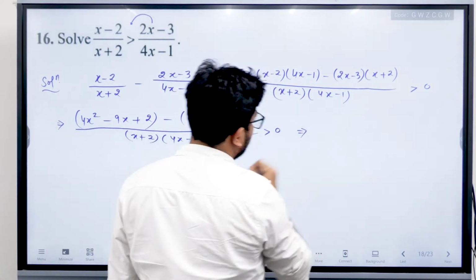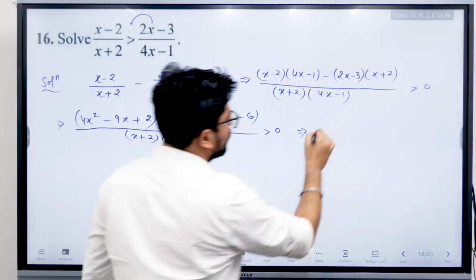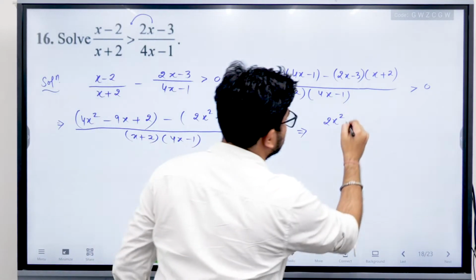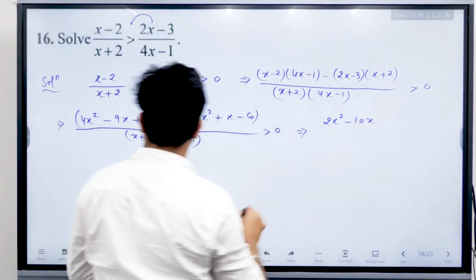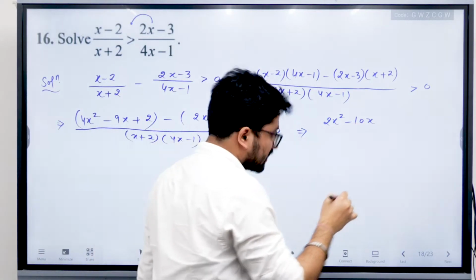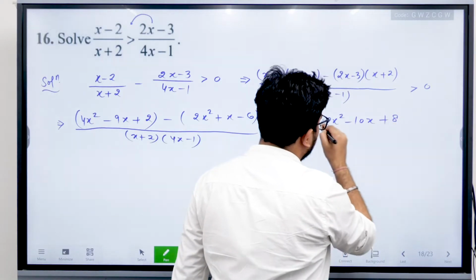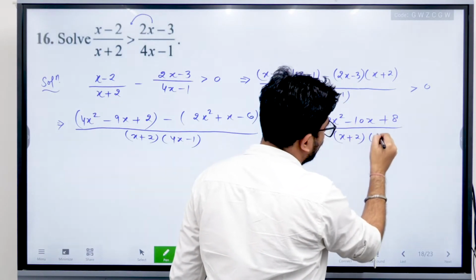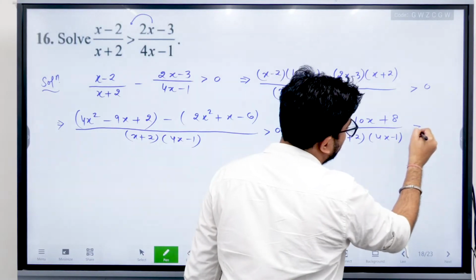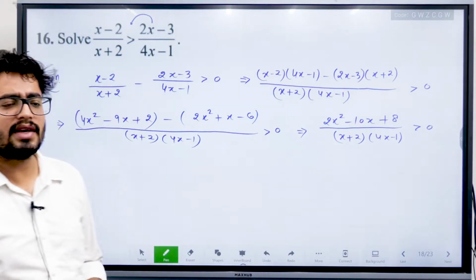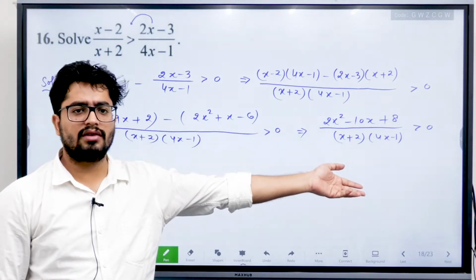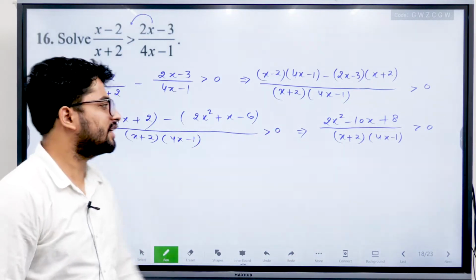So again when you simplify it, you get 4x square minus 2x square is 2x square, minus 9x minus x is minus 10x, plus 2 and plus 6 is plus 8, divided by (x plus 2)(4x minus 1) greater than 0. Yes, now we can divide both sides by 2. If you divide by a positive number, the inequality remains the same.